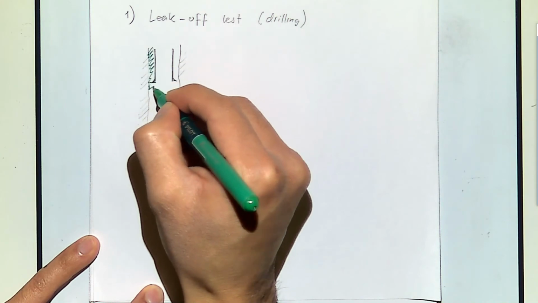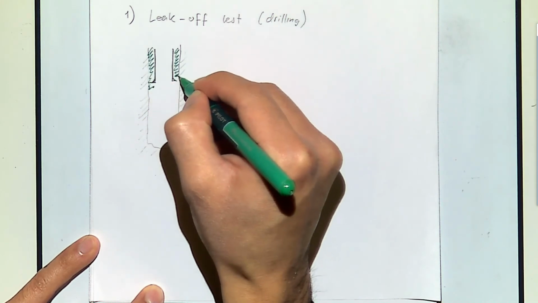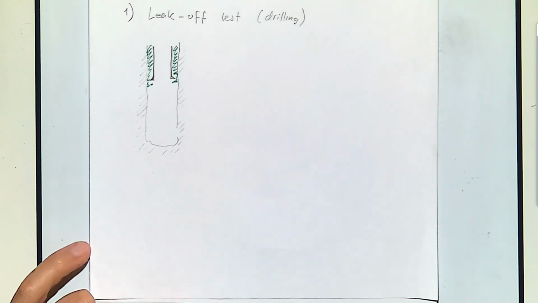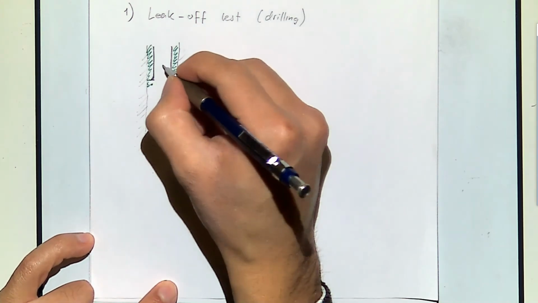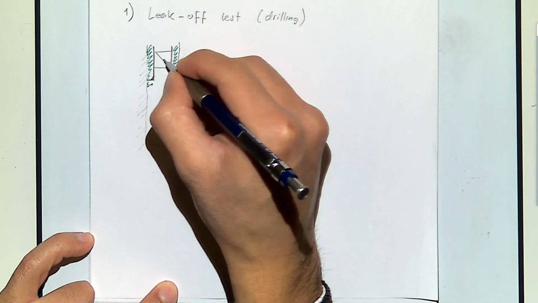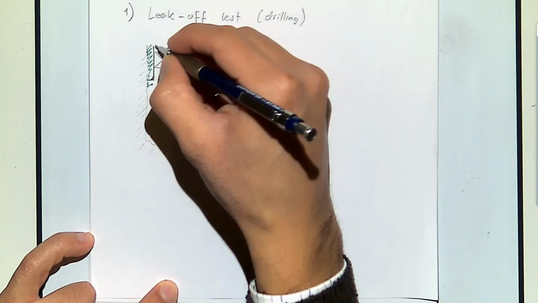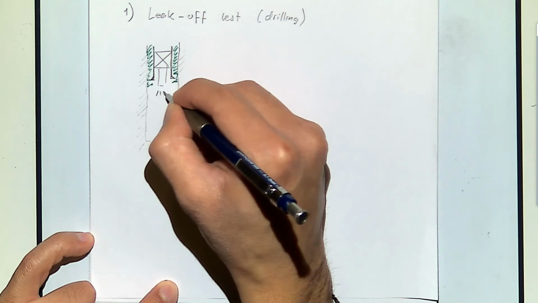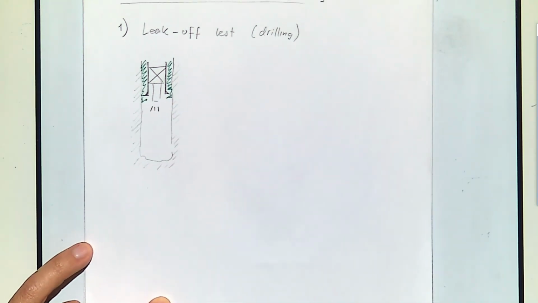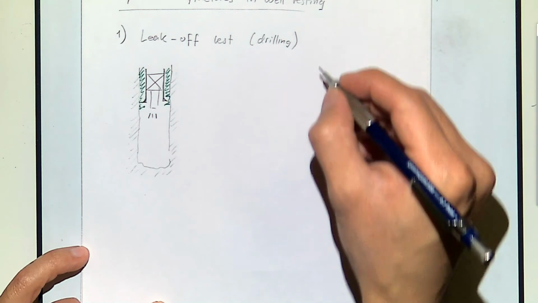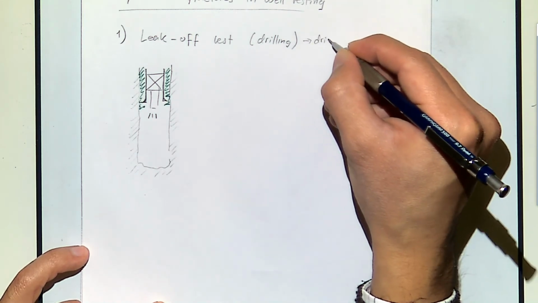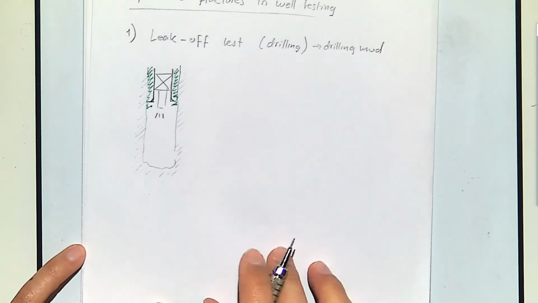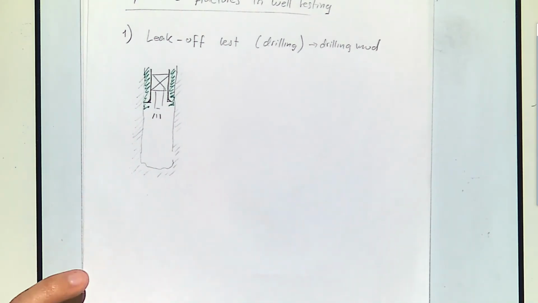You cement, or you may previously cement your casing, and then you inject drilling mud, because this is going to be full of drilling mud, in this sort of closed container.